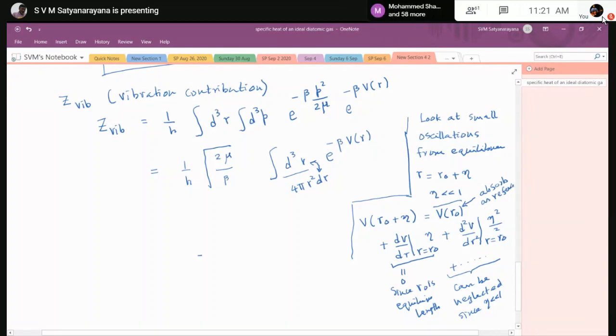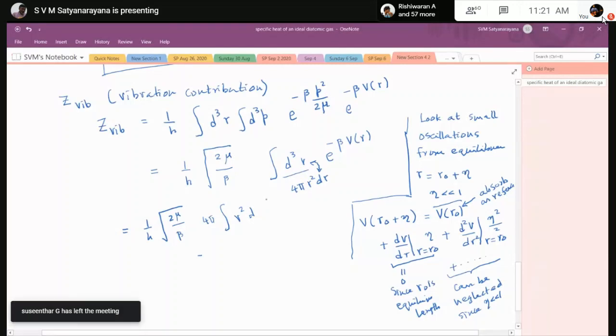Okay, so as a result, this will be equal to 1 over h and square root of twice mu by beta, and we have some 4 pi and the integral of r square.